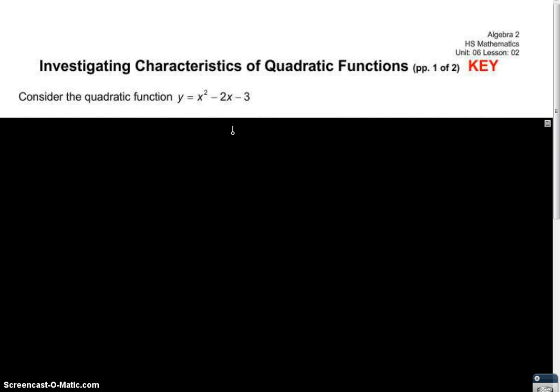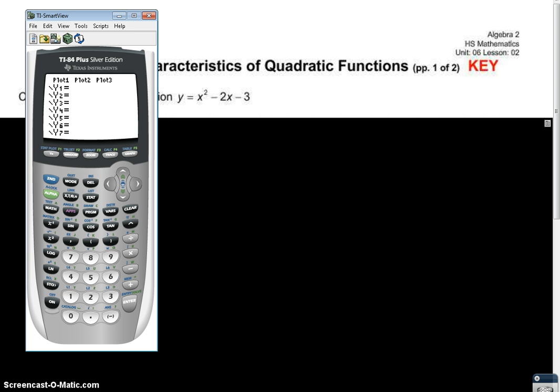Okay, so I'm going to go to my calculator. I'm going to go to y equals. In y1, I'm going to type in x squared minus 2x minus 3. And we go to second graph in order to pull up the table. Now it tells me I'm going to list out the points from -3 all the way to +5.